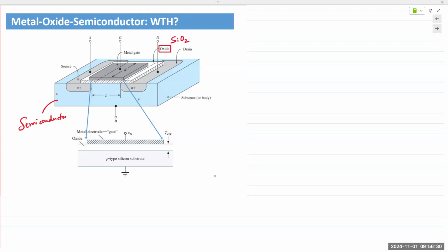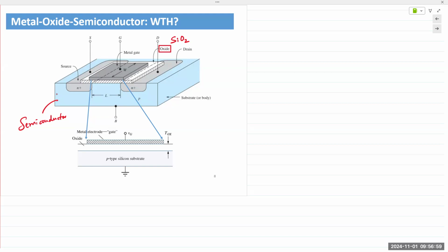So SiO2, silicon dioxide. It is also the reason why silicon is by far the most popular material of choice for microchips. Okay, because it's very easy to create an oxide for silicon, and that oxide has very excellent thermal as well as electrical insulating properties. It's an excellent thermal insulator and it's an excellent electrical insulator.